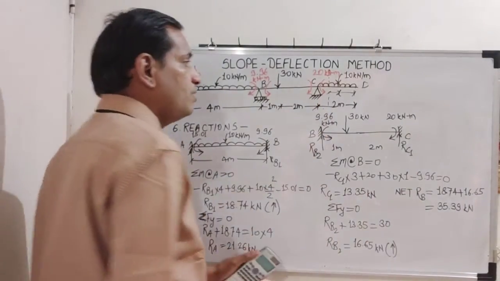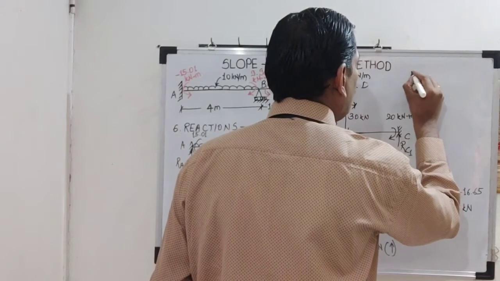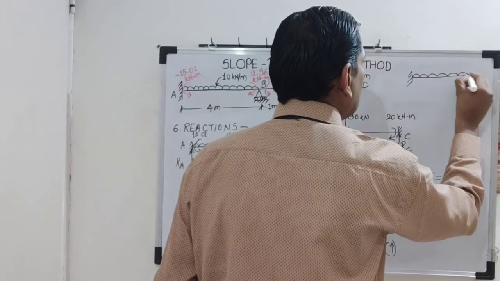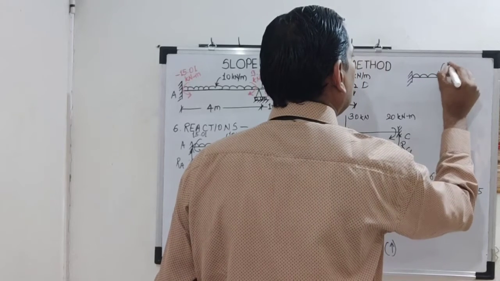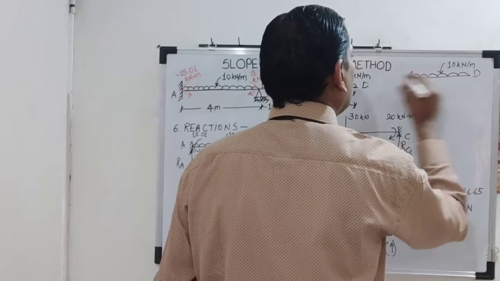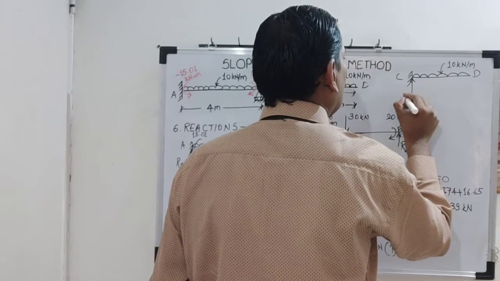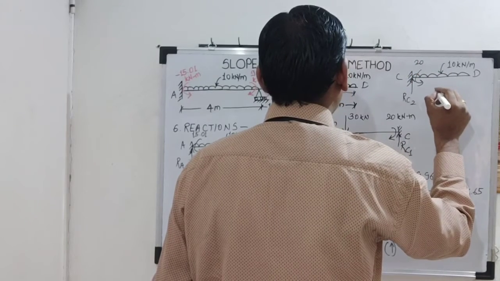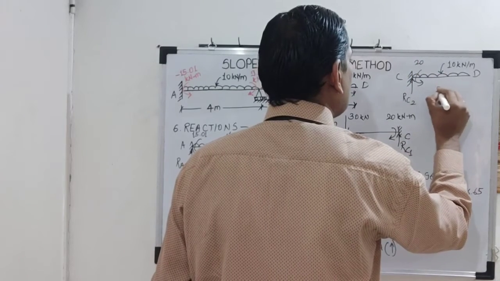Now we have to find RC. So go to third free body diagram. There show this loading 10 kilonewton per meter. And how much is the moment here? Minus 20 anti-clockwise. Okay. So how much is this distance? 2 meters.